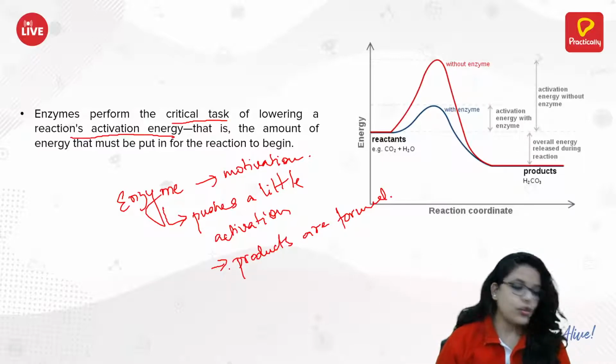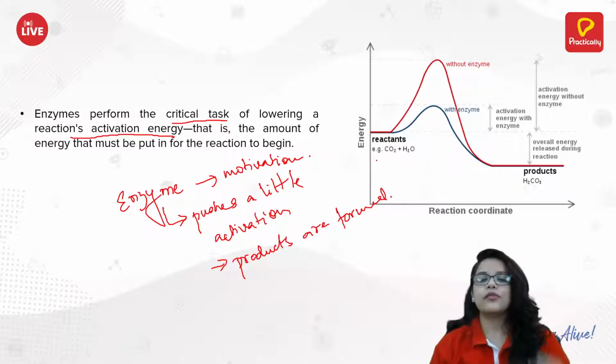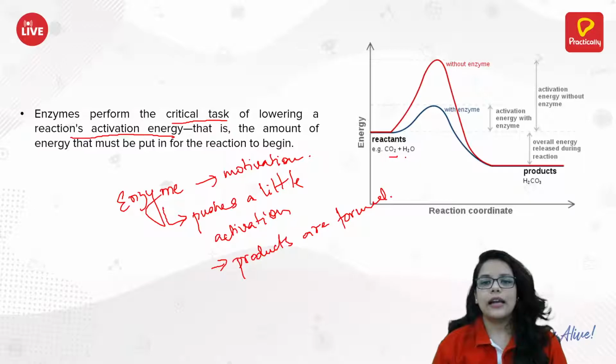So I hope you understood. For example, see what I did here: carbon dioxide and H2O. When I put carbonic anhydrase, it forms carbonic acid. It does not require a lot of activation energy, it requires only this much.